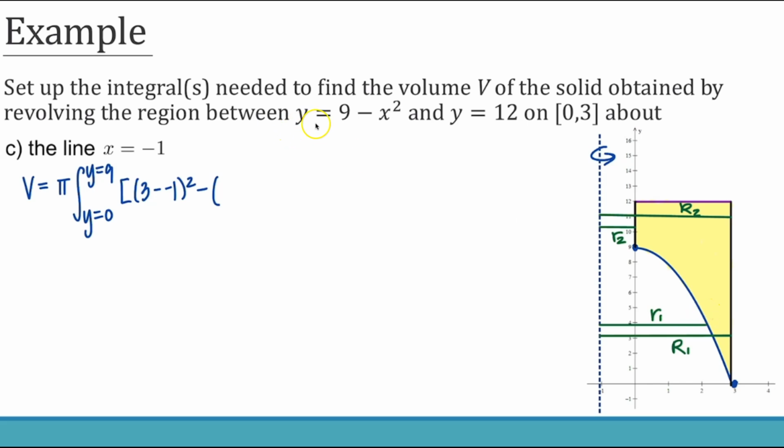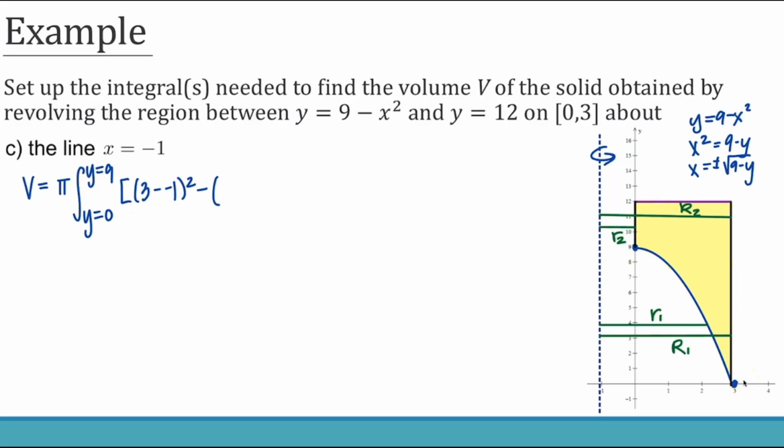But hold on, our function is given as a function of x, and we have y variables. So if I have y equals 9 minus x squared, I have to solve for x. So then x squared equals 9 minus y. So x is plus or minus radical 9 minus y. So this is on the positive side.